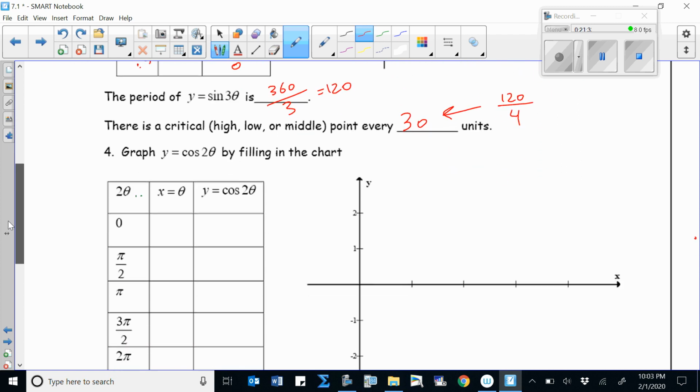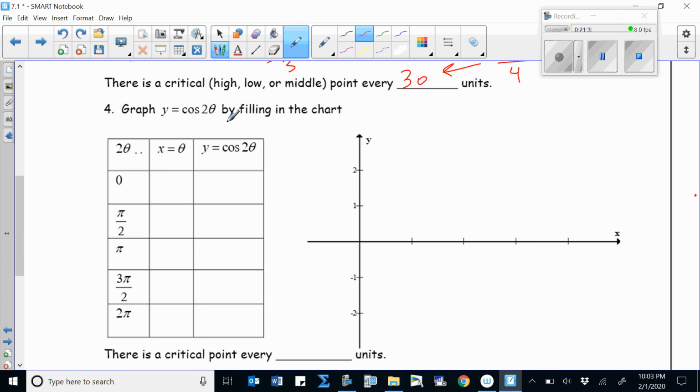Let's do another example here. Y equals cosine of 2 theta. If 2 theta is equal to 0, then theta is equal to 0.